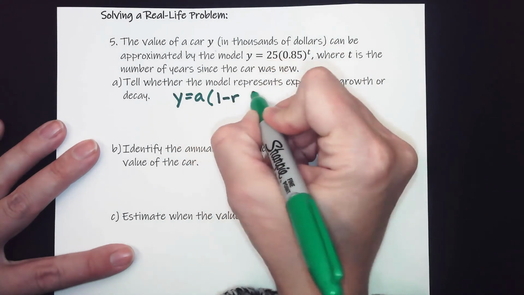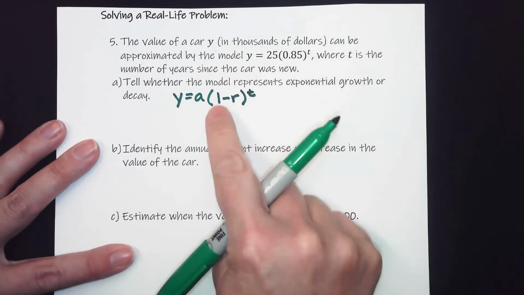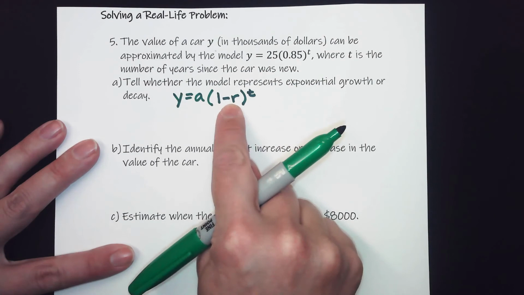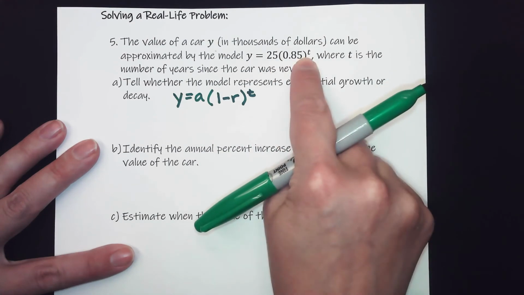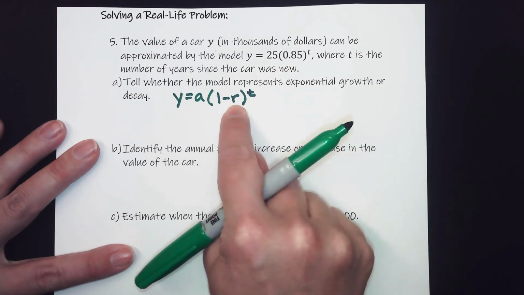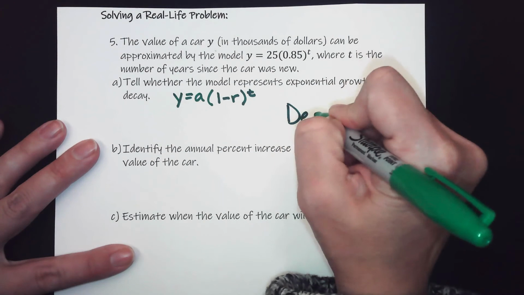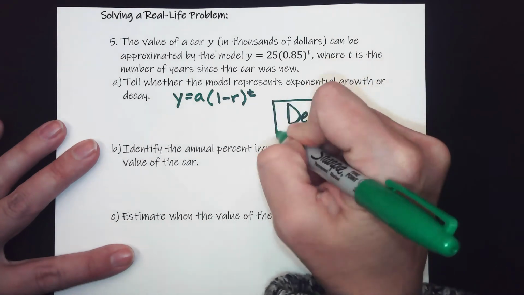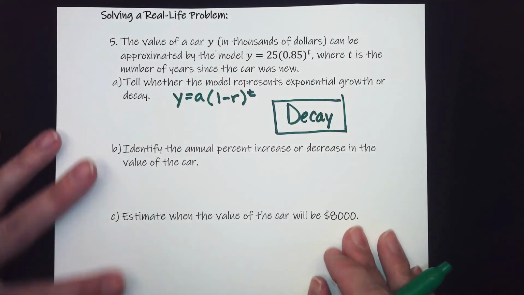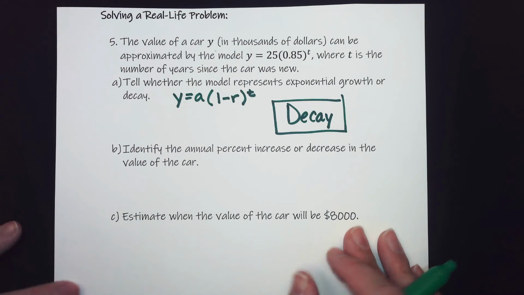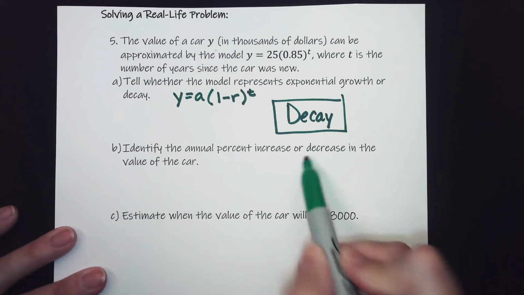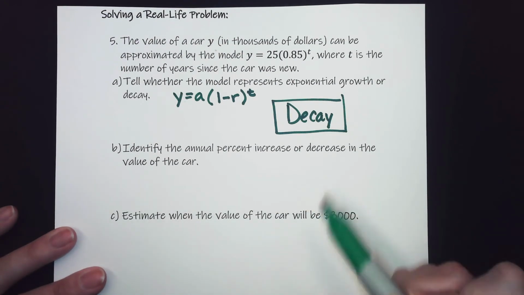Because it's either a 1 plus or a 1 minus, and that is less than 1. So I know this is going to be decay. And that makes sense. When you buy a car, they do not increase in value. They decrease immediately.